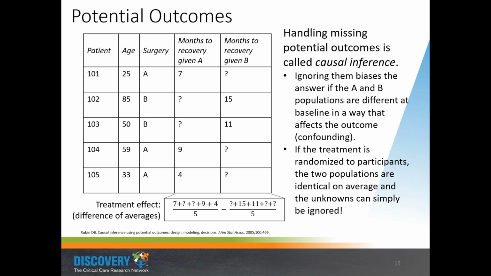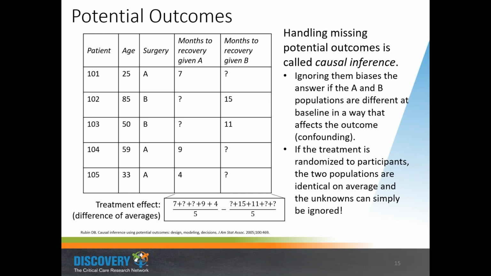And the missing observations that you're not seeing in those columns are for the younger people, which would be smaller numbers. So if you just take the difference of averages and don't account for the fact that those populations are different, then you're going to get a biased result, which is not the result you would have gotten had you observed those missing potential outcomes. That's called confounding. That's the basic problem of observational research, of causal inference.